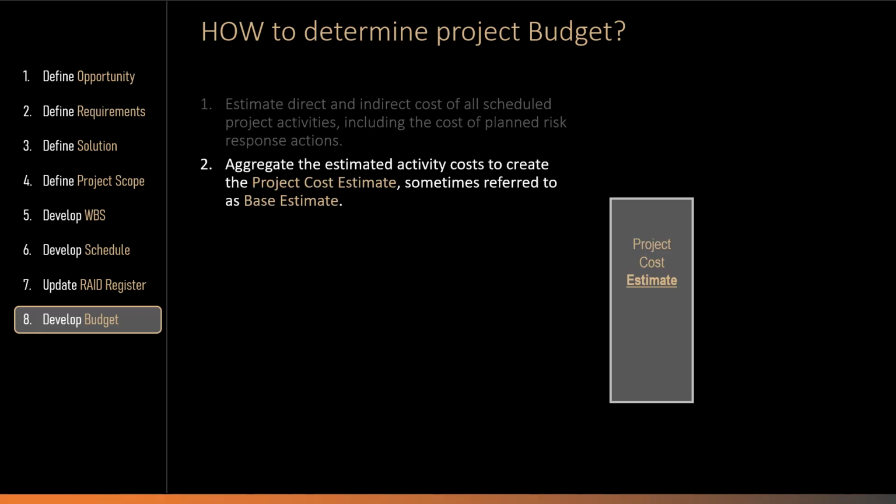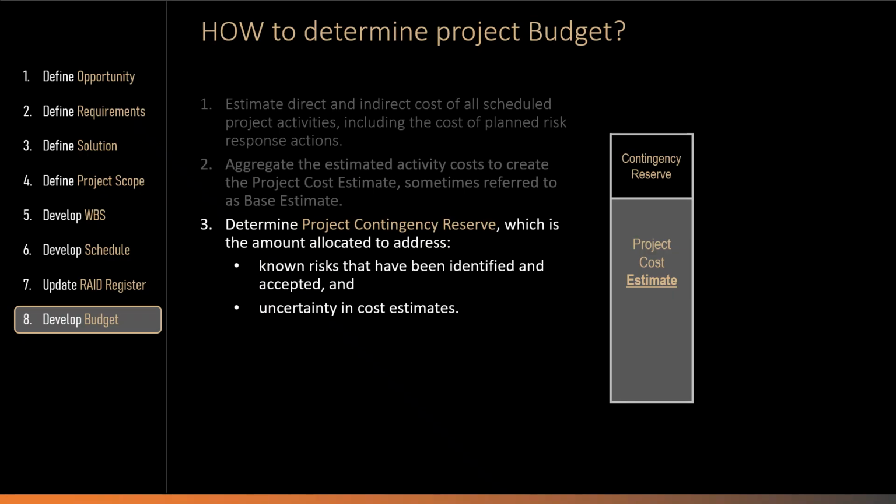Next, we have to aggregate the estimated activity costs to create the project cost estimate, sometimes referred to as the base estimate. Next, we have to determine the contingency reserve, which needs to be allocated to address known risks that have been identified and accepted, as well as uncertainty in cost estimates.